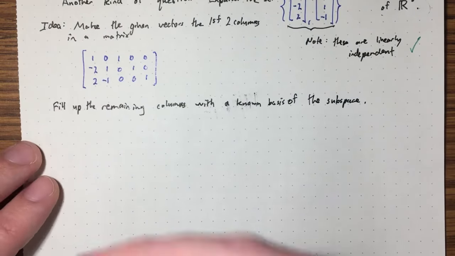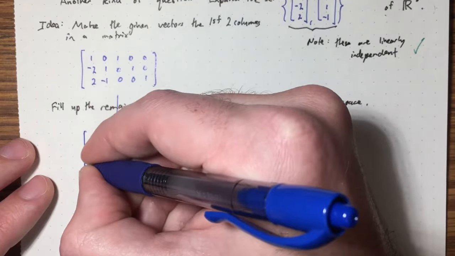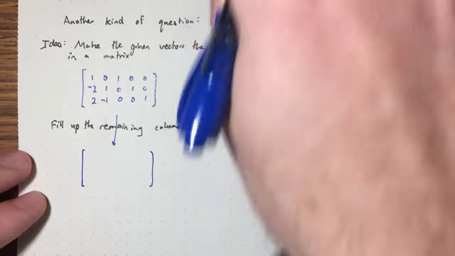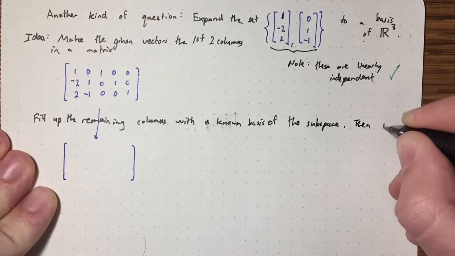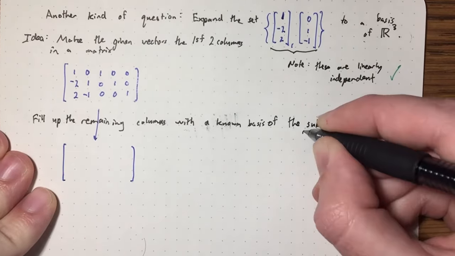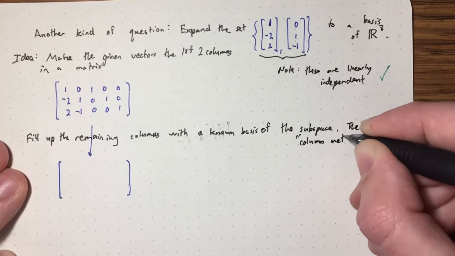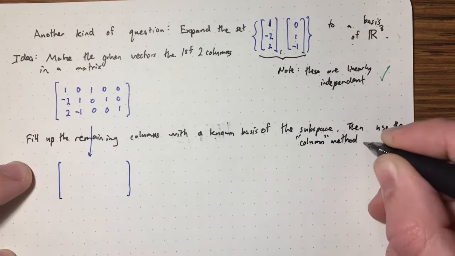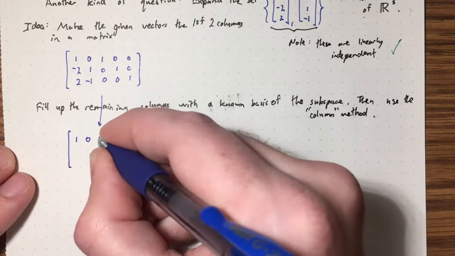Then we just do what we did before. So let's do the row operations. I'm using the column method that we just learned. We'll keep the first row as is.